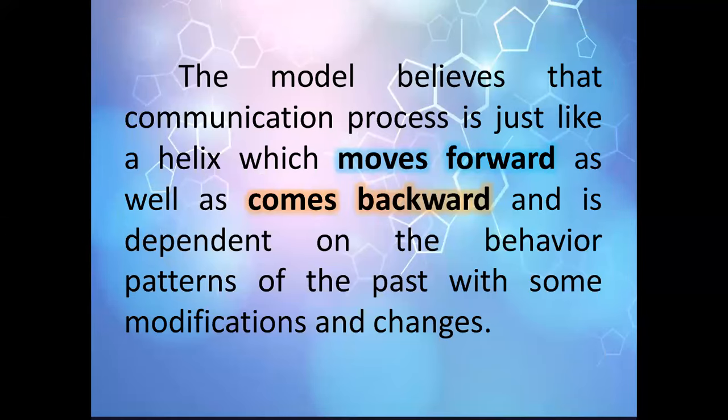The model believes that the communication process is just like a helix, which moves forward as well as comes backward and is dependent on the behavior patterns of the past with some modifications and changes. Now, as the child grows up, he thus makes slight changes in his past body movements, past pronunciation, or even facial expression.